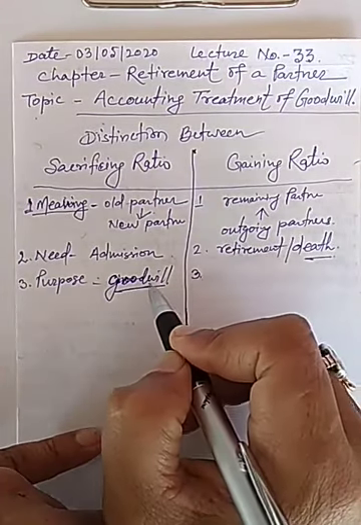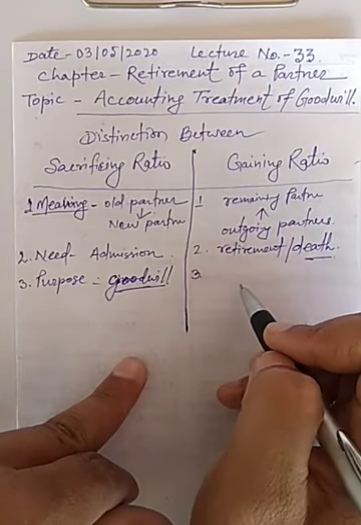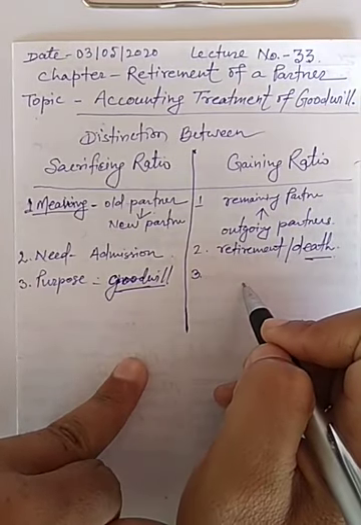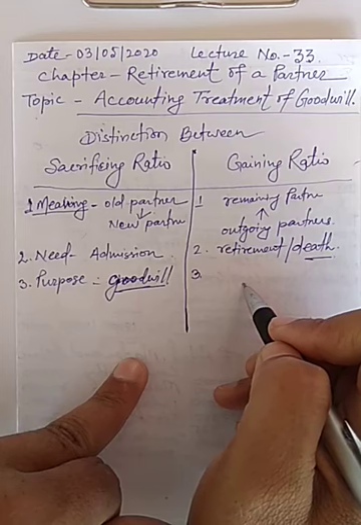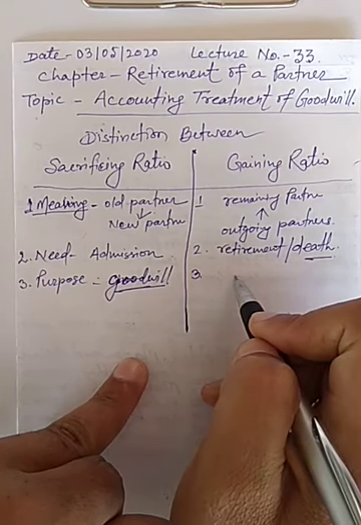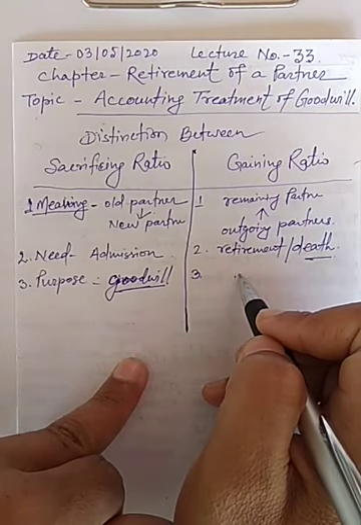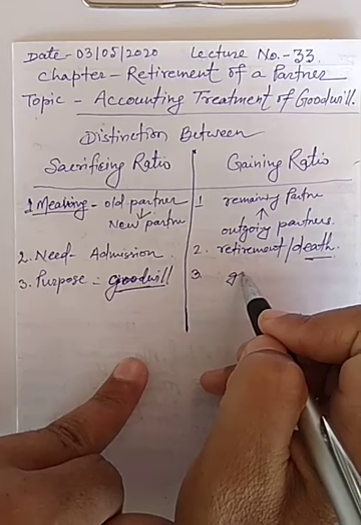And in gaining ratio, it is computed to find out the amount given to the retiring partner for goodwill shared by the continuing partners.